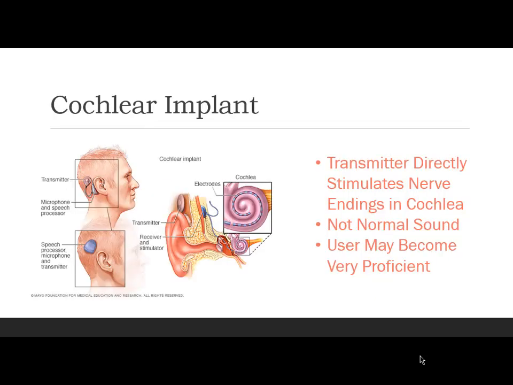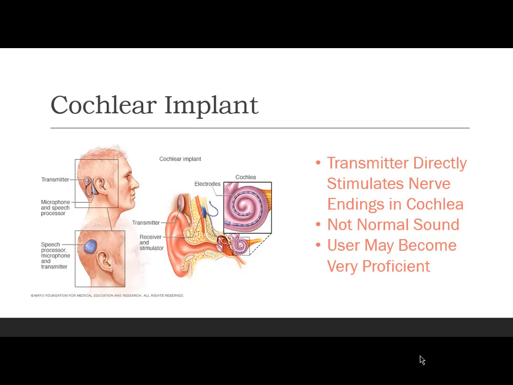Moving on to cochlear implants. This is a whole different kind of animal. What a cochlear implant does, if you see in the diagram, the user has a transmitter, a microphone essentially, that they wear on the outside of their head.